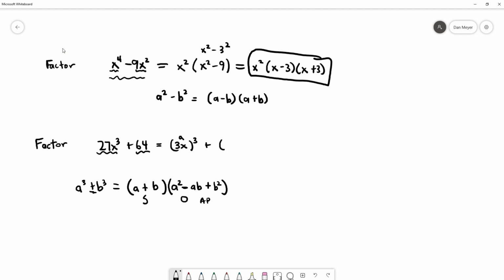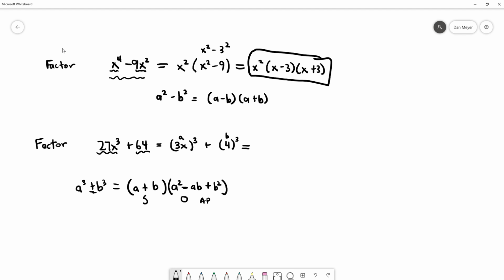And 64 is 4 cubed, so 4 is playing the role of b. I think I told you guys in class that we want to be able to recognize some of these perfect cubes and perfect fourth powers and things like that in order to do the cubes formulas, but there are some other reasons too.